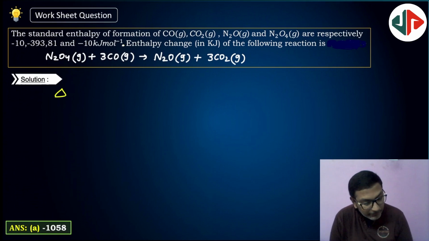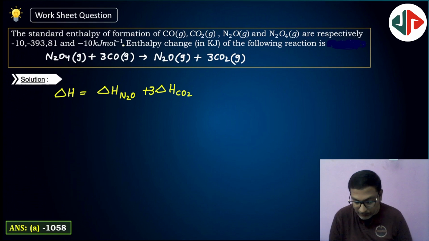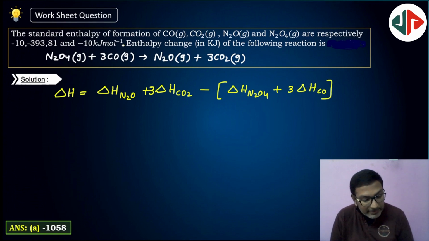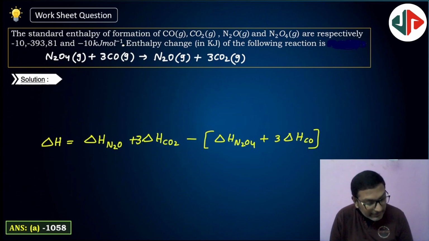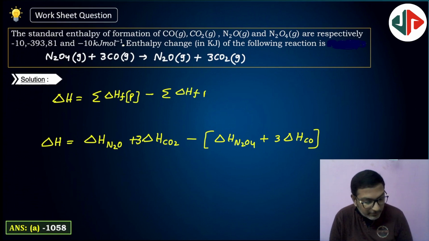So delta H for the given reaction is delta H N2O plus 3 into delta H CO2 minus of delta H N2O4 plus 3 into delta H CO. That means simply your formula is delta H of reaction equals summation of delta H formations of products minus summation of delta H formations of reactants.